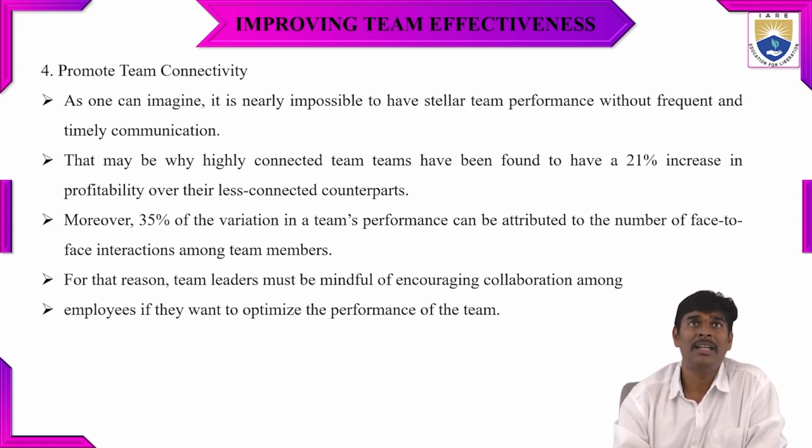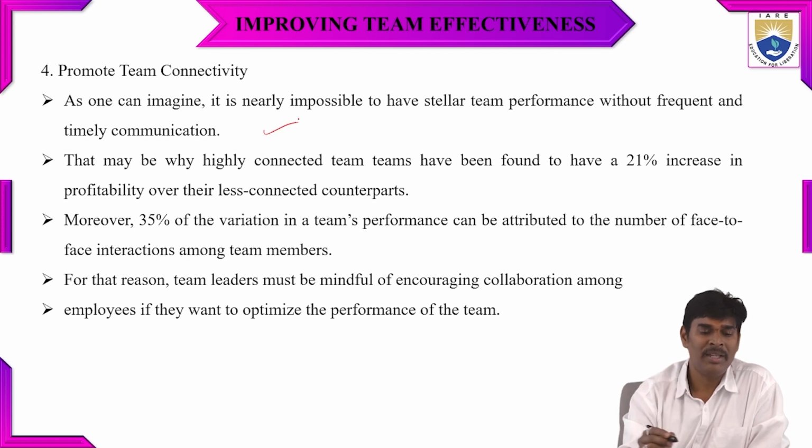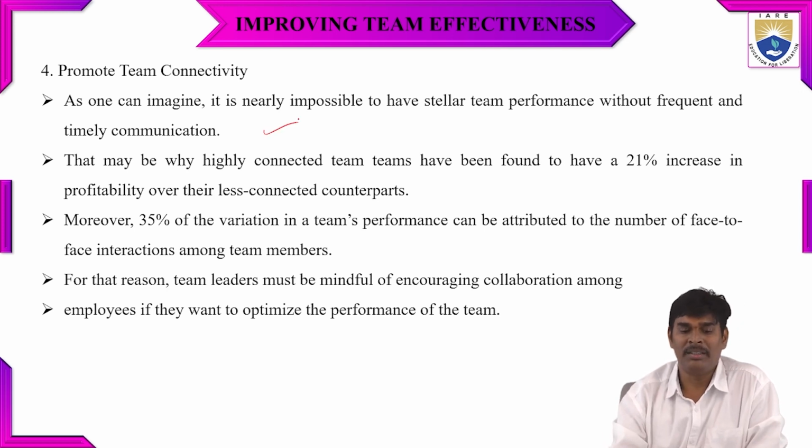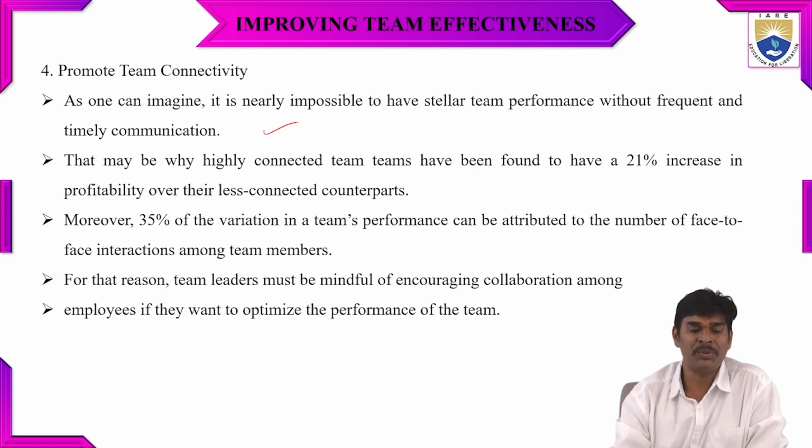And next one is promoting team connectivity. To improve team performance, we need to check the timely communication between each and every person, because highly connected teams have been found to have a 20% increase in profitability.